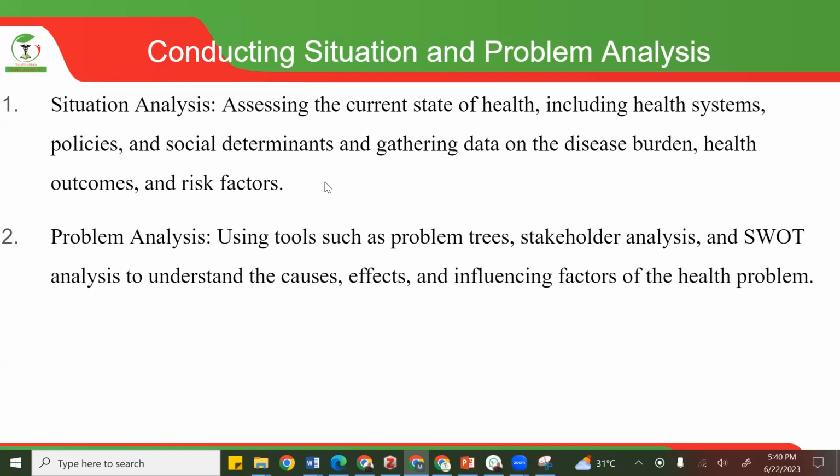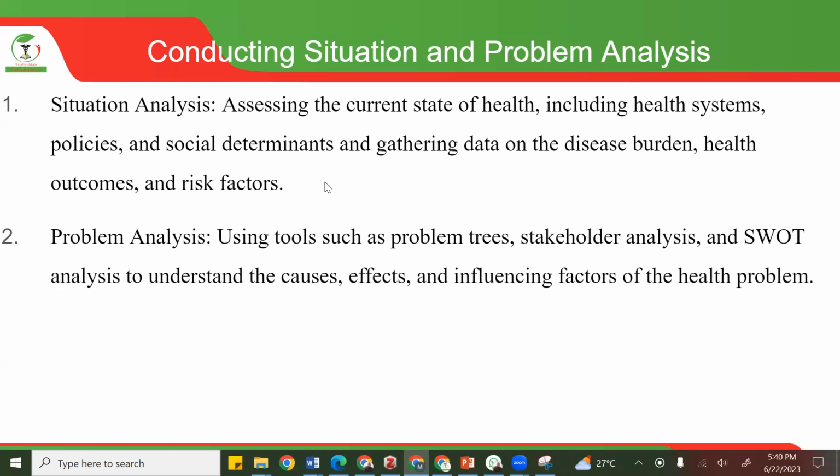When you understand the complete picture of the health situation within a given community, you're looking at the conditions that are affecting the community, the nature of the health system, the policies, the social determinants of health, the risk factors, and then the outcomes, health outcomes.